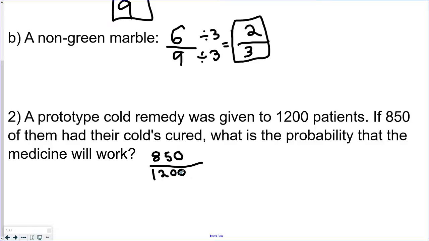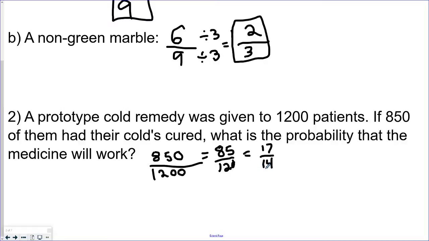So what's the chance of me getting this to work? Well, it's 850 out of 1,200. If you want to reduce that here, you cross out the zeros. You get 85 out of 120. And you can further reduce that by dividing by 5. So that'd be 17 out of 120 divided by 5, that'd be 24, sorry.